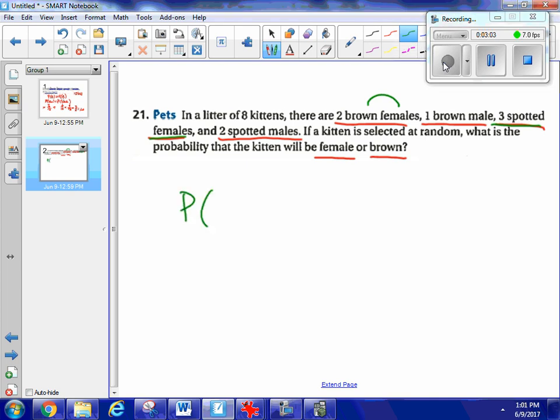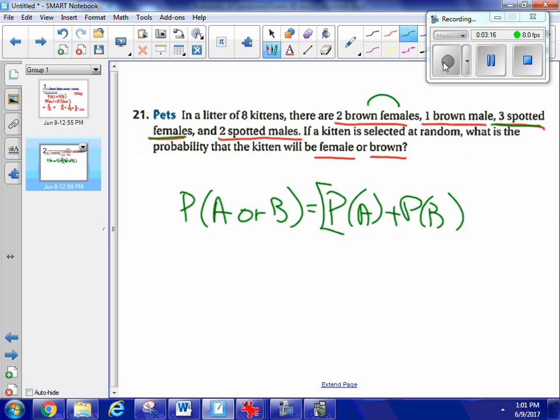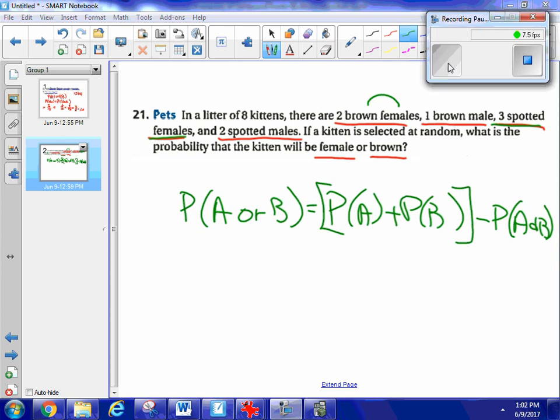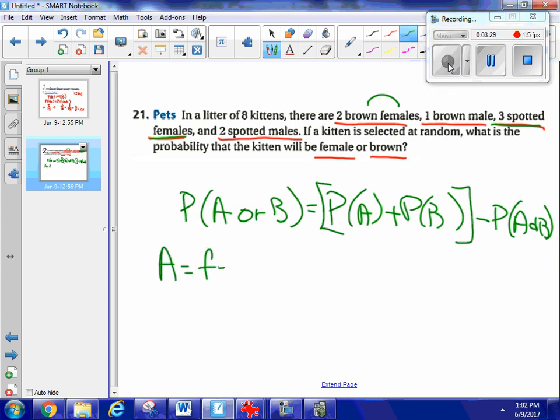Probability of A or B is equal to the probability of A plus the probability of B minus the probability of A and B. So let's call event A female, and event B brown.